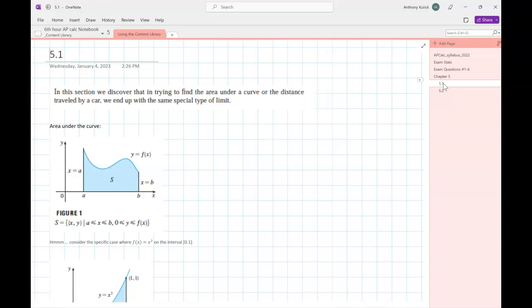And then we have integral calculus, which will be the focus second semester, where the emphasis is on a new calculus operation called the integral, which we'll be developing the foundation of here in chapter 5, much like in chapter 2 we built out the foundations for the derivative.